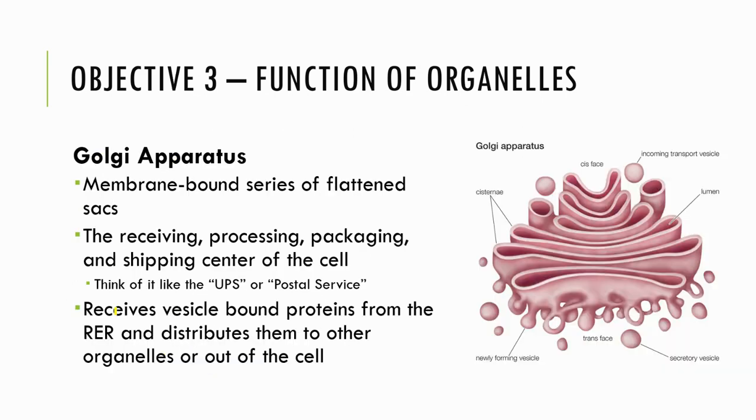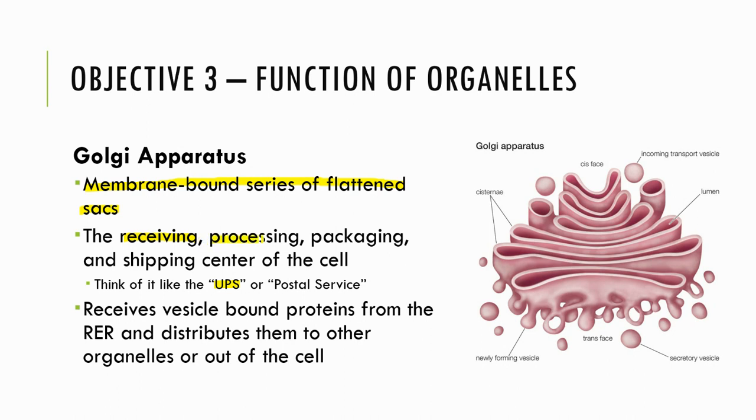And then the next step is usually going to be the Golgi apparatus. Sometimes this is called Golgi bodies, or sometimes it's called the Golgi complex. But once again, we have a big membrane-bound complex of flattened sacs. And a lot of times I like to refer to this as the UPS of the cell. The reason we call it that sometimes is because it literally receives the proteins from the ER and the cytoplasm.